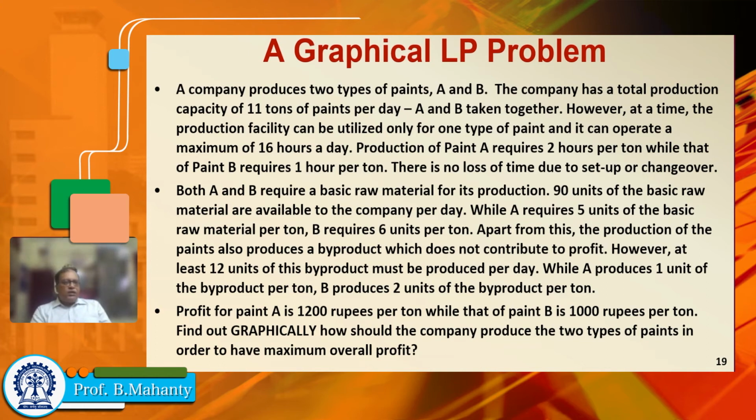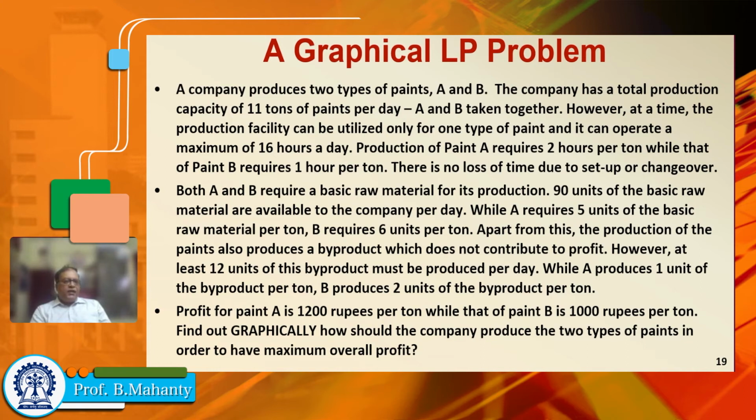A produces 1 unit of byproduct per ton, B produces 2 units of the byproduct per ton. So x1 plus 2x2 should be at least 12 units. So not less than, greater than or equal to 12. And this byproduct has no profit contribution, so it only gives a constraint. We need not take anything in the profit function or the objective function, as in the previous problem.